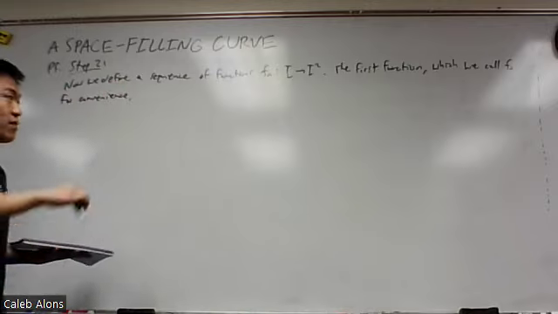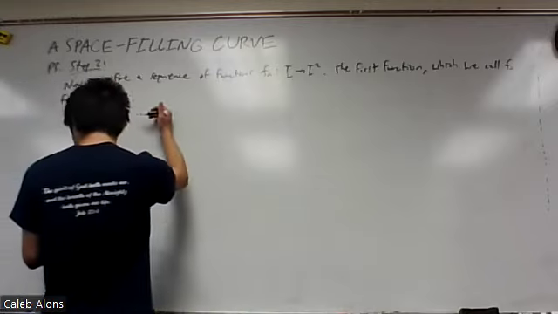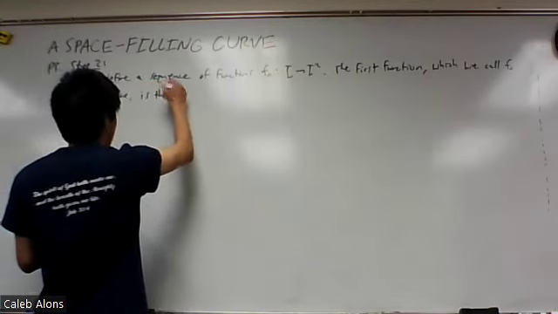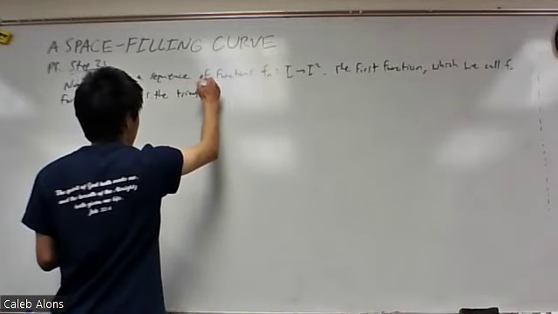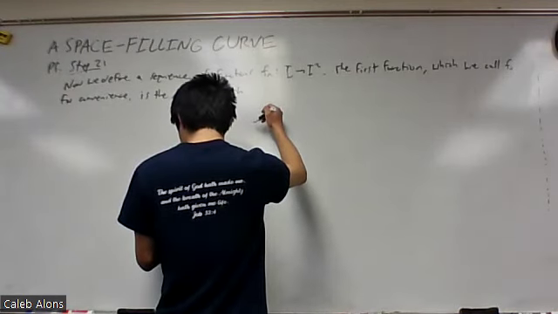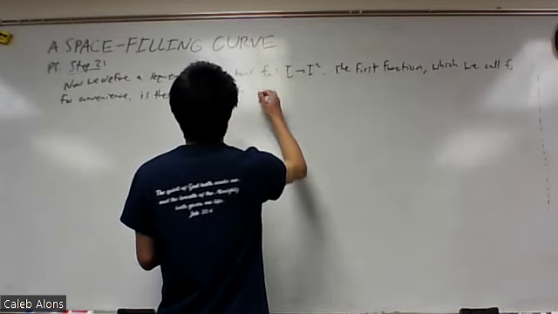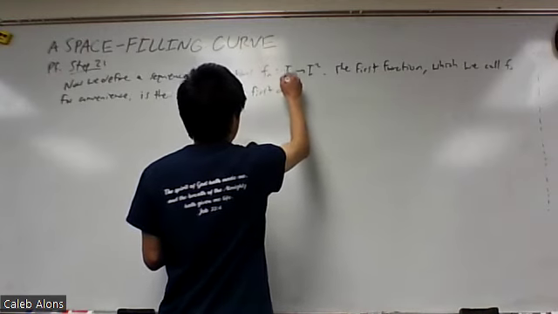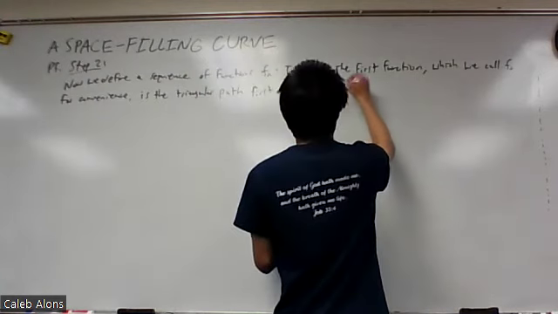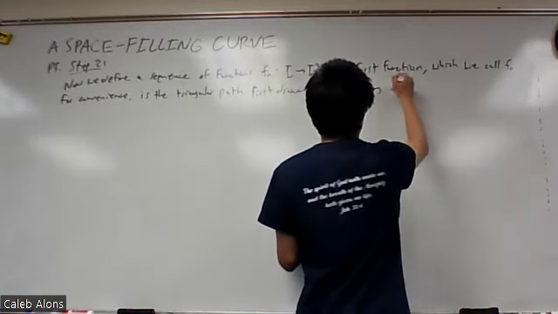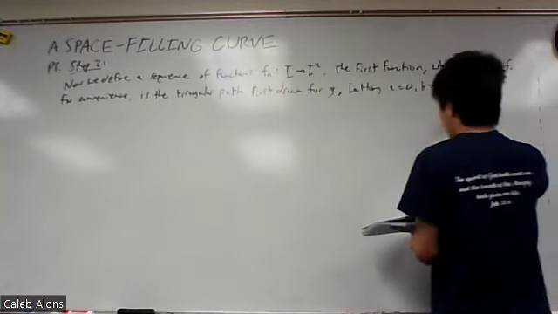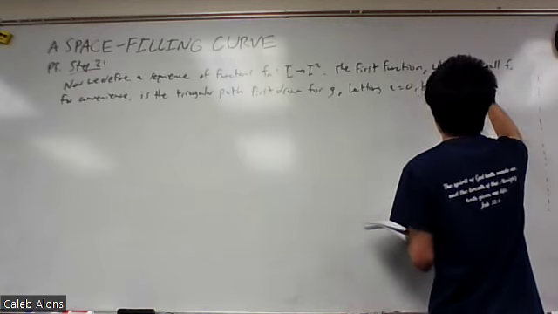It wouldn't matter if we started with f1, we would just adjust the exponent later on in the proof. Is the triangular path that we drew for G originally. Path first drawn for G, and then we would be letting A be 0 and B be 1 for our unit interval.